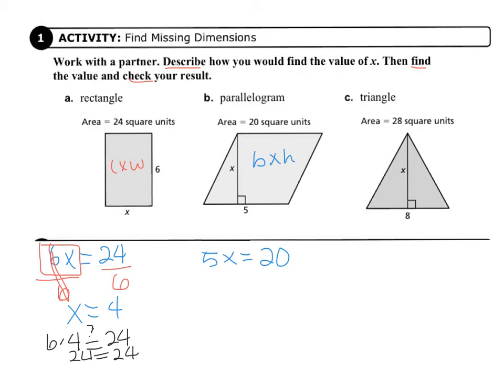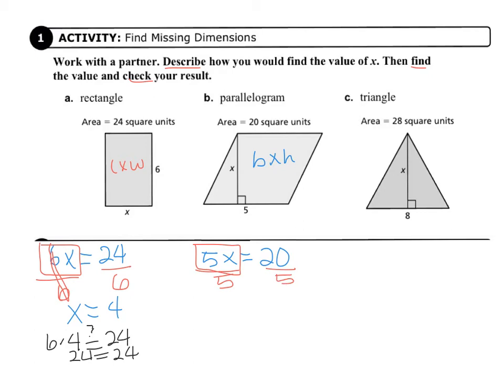We need to look at how our numbers are stuck together, and they're stuck together with multiplication again. So we are going to unstick them with division. We're going to divide both sides this time by 5.